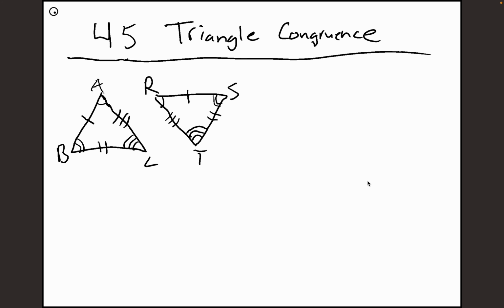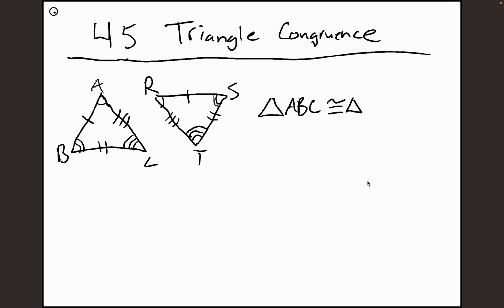Now, with triangles, I want to say that these 2 triangles are congruent, but you have to pay attention to the order of your letters when you're saying they're congruent. So let's say I'm saying triangle ABC is congruent to triangle, and I want to say the other triangle, but it all depends on my letters here. I have to put that in the correct order.